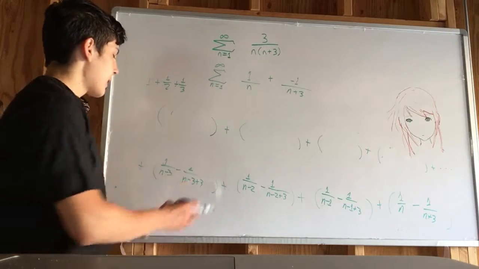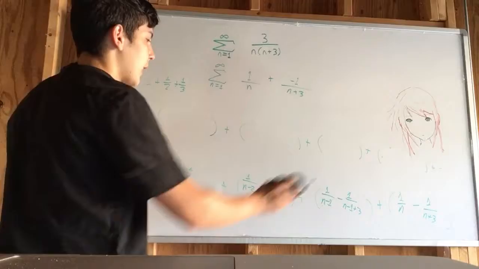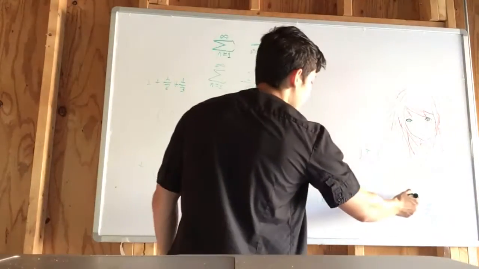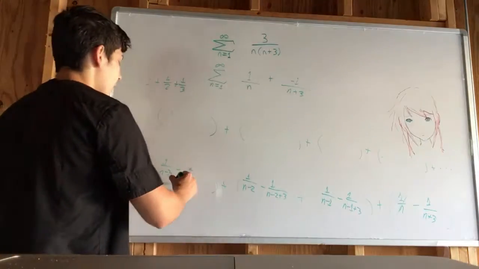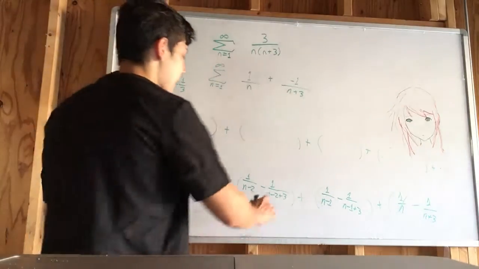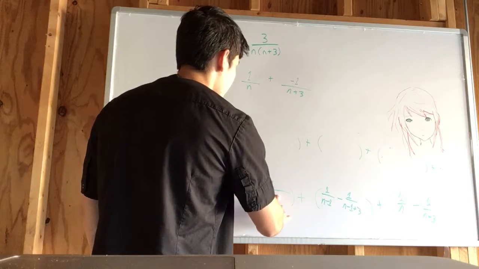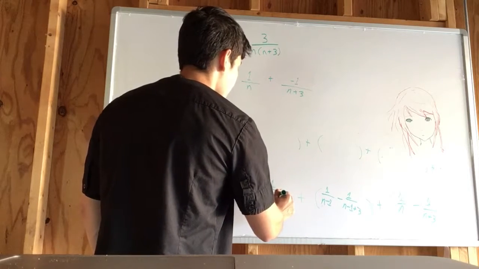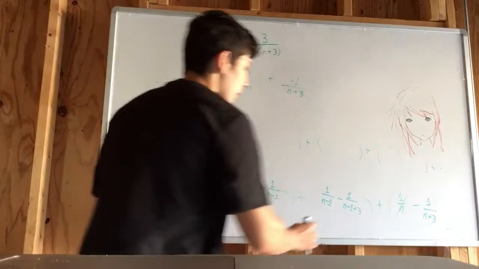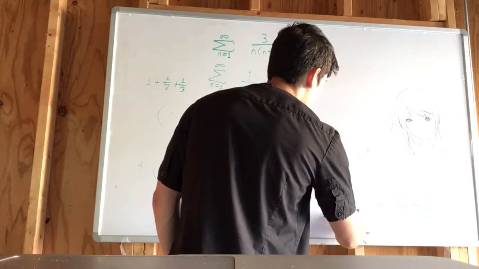It's like this is negative 1/n. You've got the positive 1/n over here. This would be the negative 1/n. This gives us positive 1 over n plus 1. This gives us plus 2.